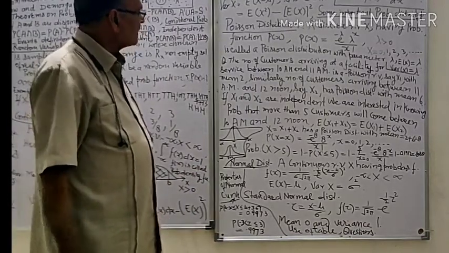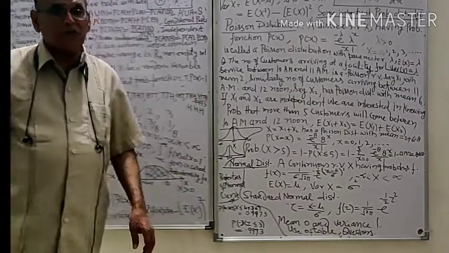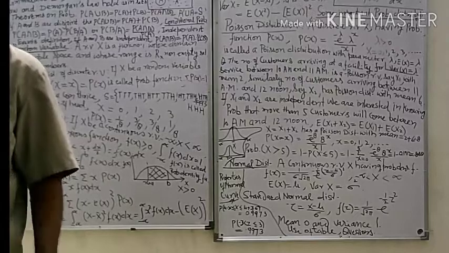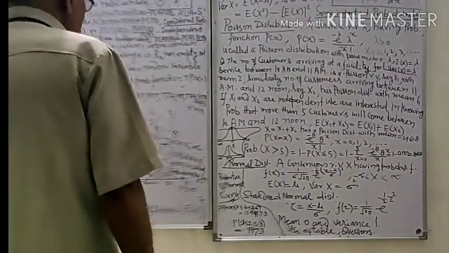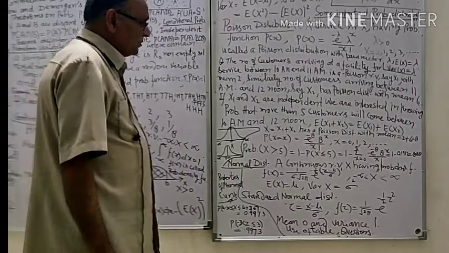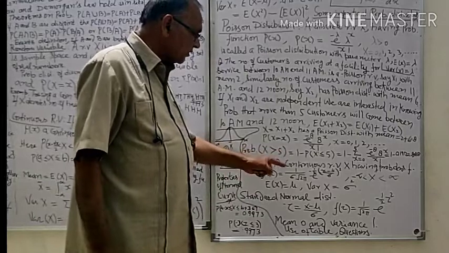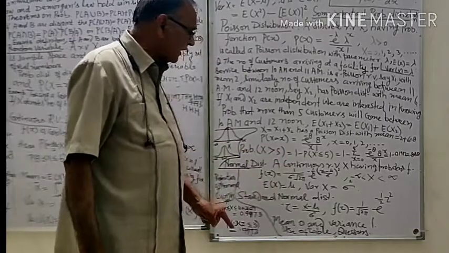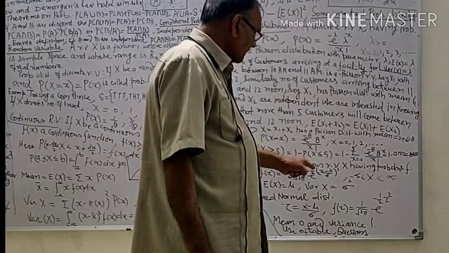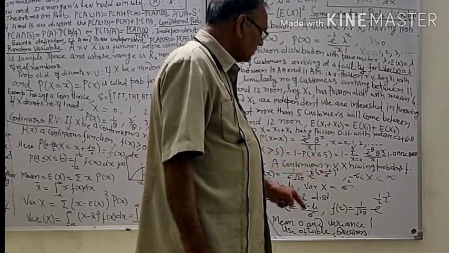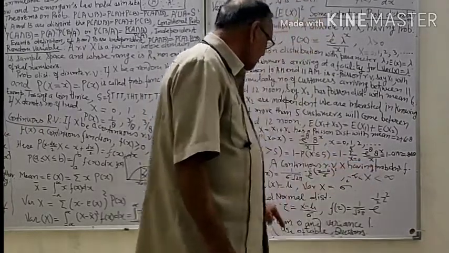Now another is the normal probability distribution, which is a continuous probability distribution. And you will be aware of this distribution. A continuous random variable x has the probability density function 1 over sigma root 2 pi, e raised to the power minus half, x minus mu by sigma, whole square, where x lies between minus infinity and infinity.